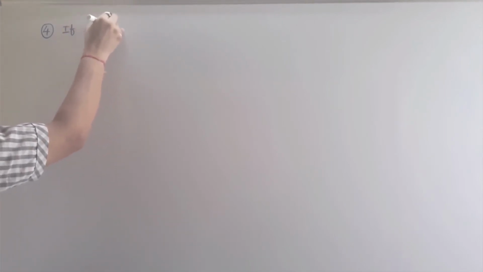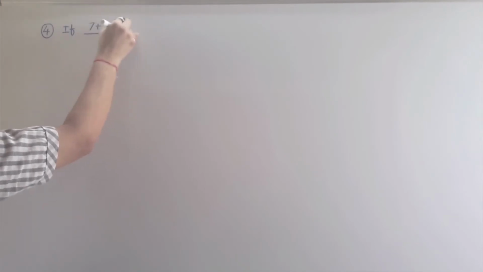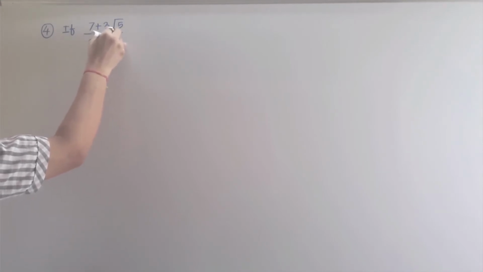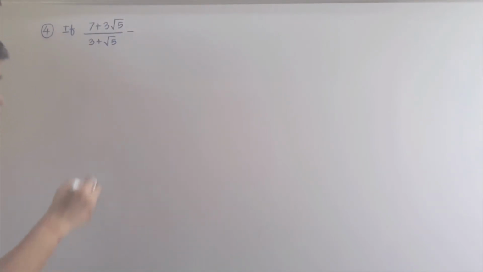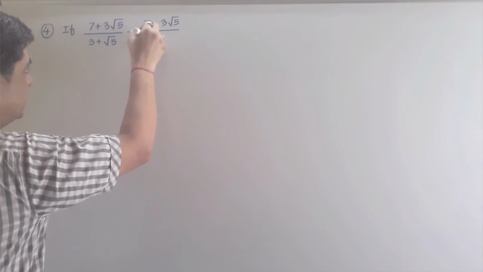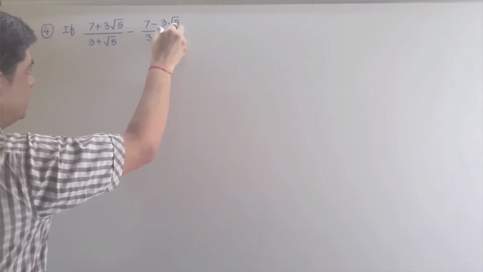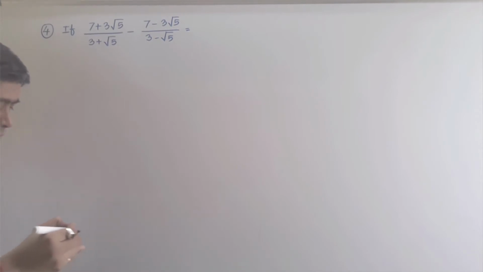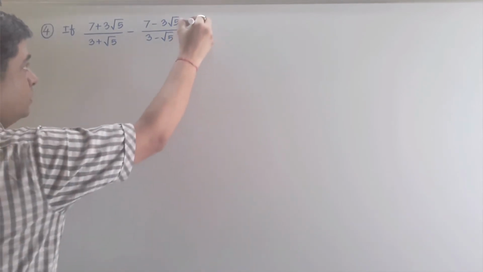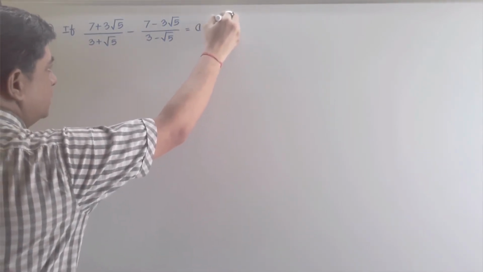Here, fourth question is given as, if 7 plus 3 under root of 5 upon 3 plus under root of 5 minus, then second term is given here, 7 minus 3 under root of 5 upon 3 minus under root of 5 is equal to a plus b under root of 5.